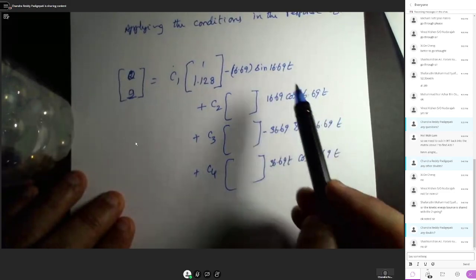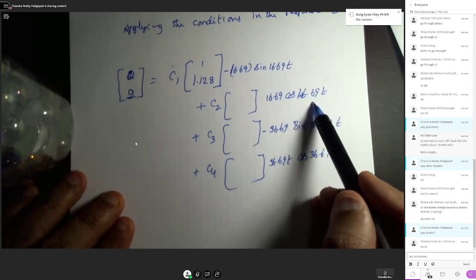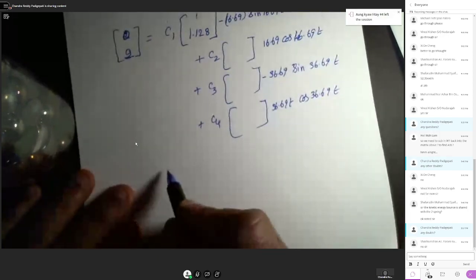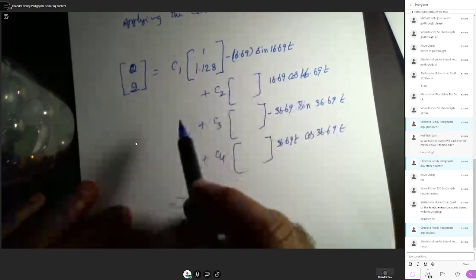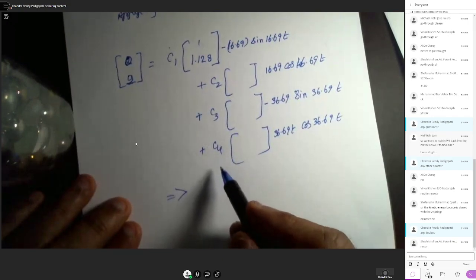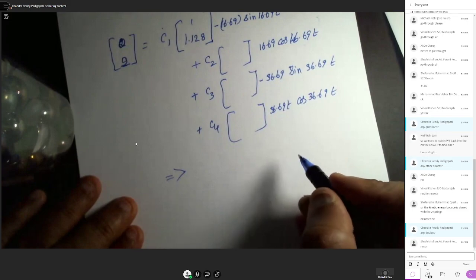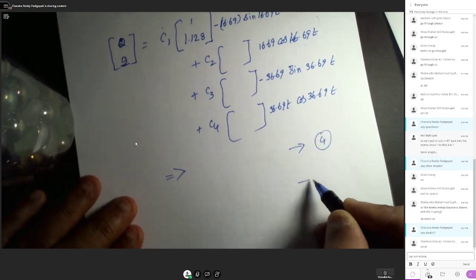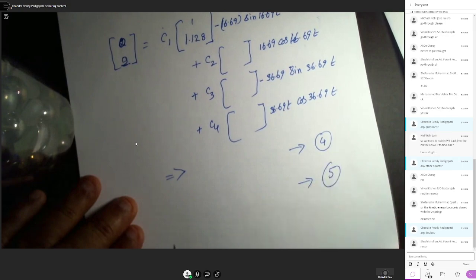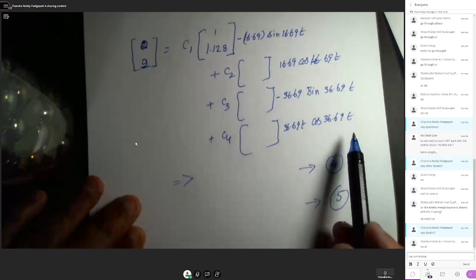Okay, so now substitute t is equal to 0 in all the equations, in all the places. So sine 0 becomes 0 and cos 0 becomes 1. So you end up getting two more equations. Write down those two equations. We numbered 2 and 3, so write down equations 4 and 5, substituting t is equal to 0.